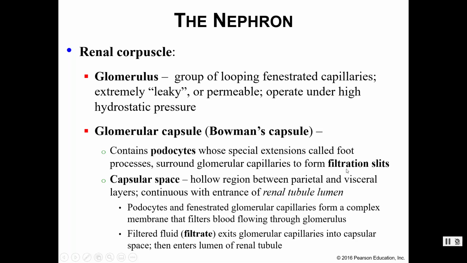Okay, now filtration. What is filtration? That is literally the process of pushing fluids and solutes and substances out of the capillaries into the Bowman's capsule. Okay, that's what we mean by filtration. These filtration slits are helping us regulate what can enter into the Bowman's capsule.